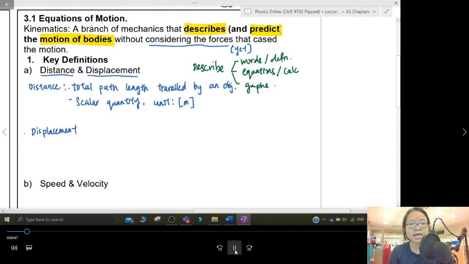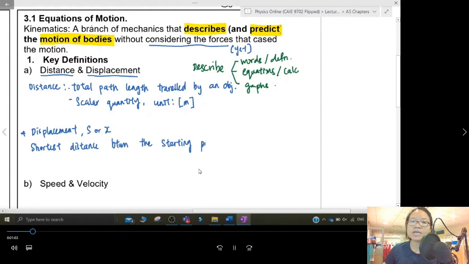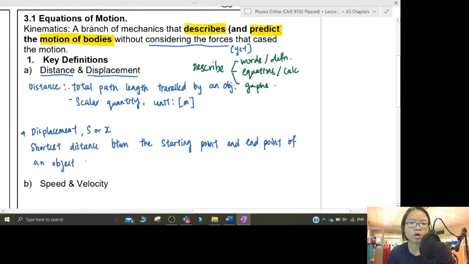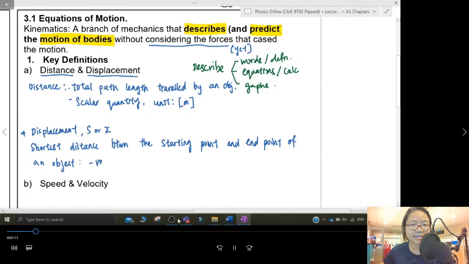All right, and displacement, which is the more important one, is given the symbol S or X. Okay, and it is the shortest distance between the starting point and the end point of an object lah. Okay, and this is a vector quantity. The unit will be the same as well.